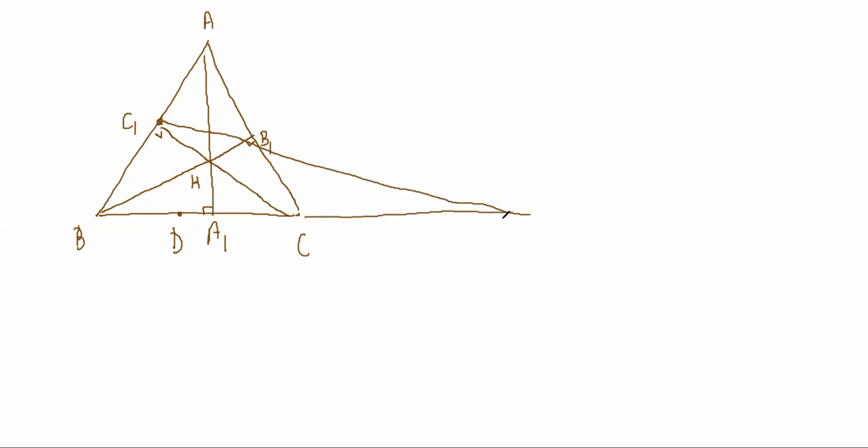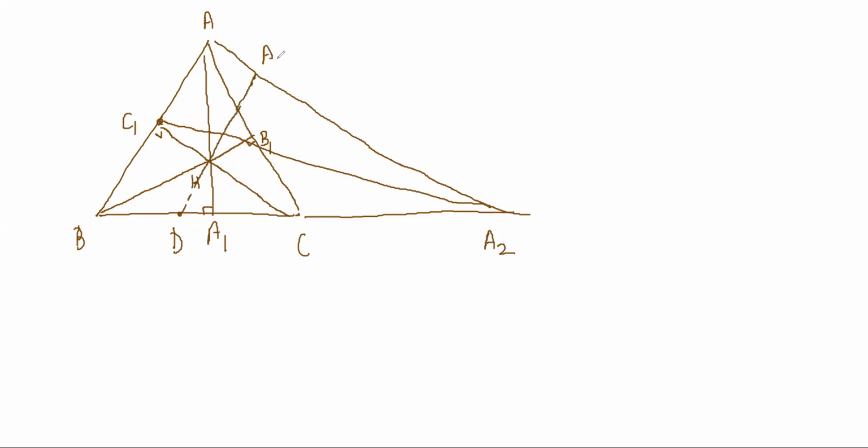This is my point A2, and A3. D perpendicular on AA2. AA2 is like this. From D, I am making a perpendicular.